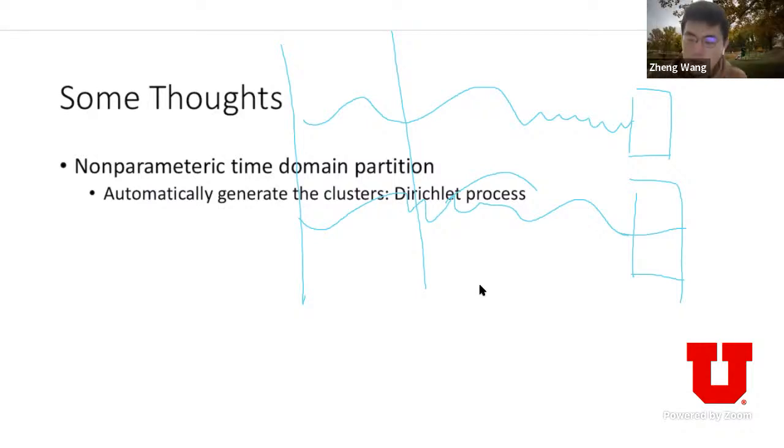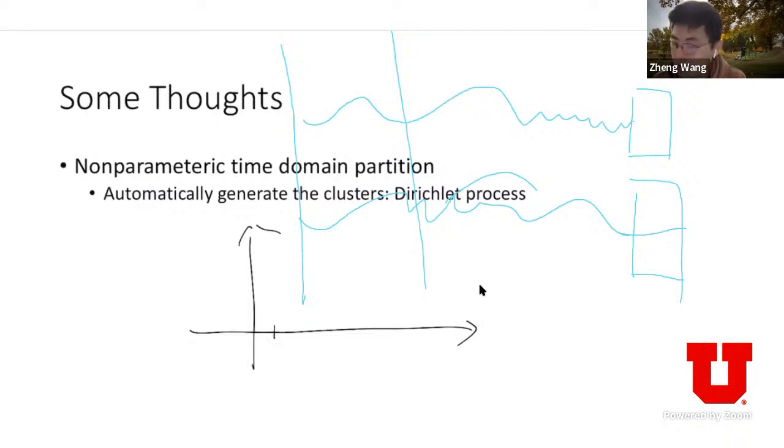My initial thought is, for a sequence of time series data, each time we get one observation, we either put it in an existing category or create a new category. For each category, we have a lower-level Gaussian process, and for all the categories, we can have upper-level Gaussian processes.